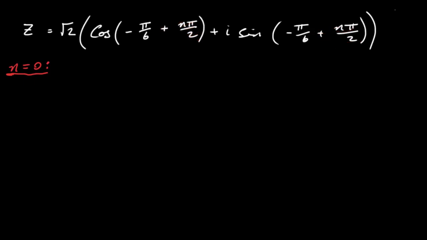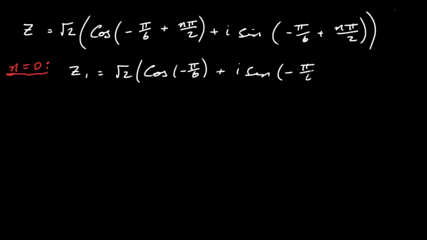So all we've got to do is find, let's call it z1. It's going to be square root of 2 times the cos of minus pi over 6 plus i sine minus pi over 6.